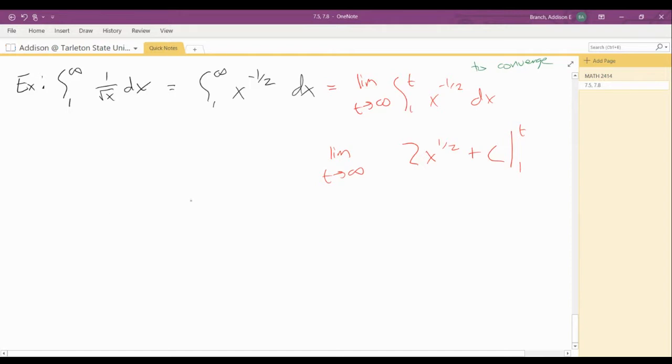So if we plug this in, we get 2 square root of t minus 2 square root of 1. If we take our limit as t approaches infinity, we get infinity minus 2, which is infinity. Therefore, this is going to be divergent.